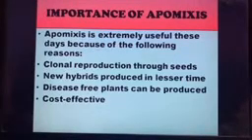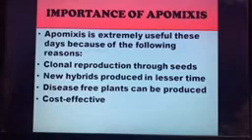So if you want any desirable trait in a particular type of seed, you can use apomixis, right? As the seeds are genetically similar to the maternal part of the flower, these seeds are said to be clones, because they are genetically similar to the female part of the flower.